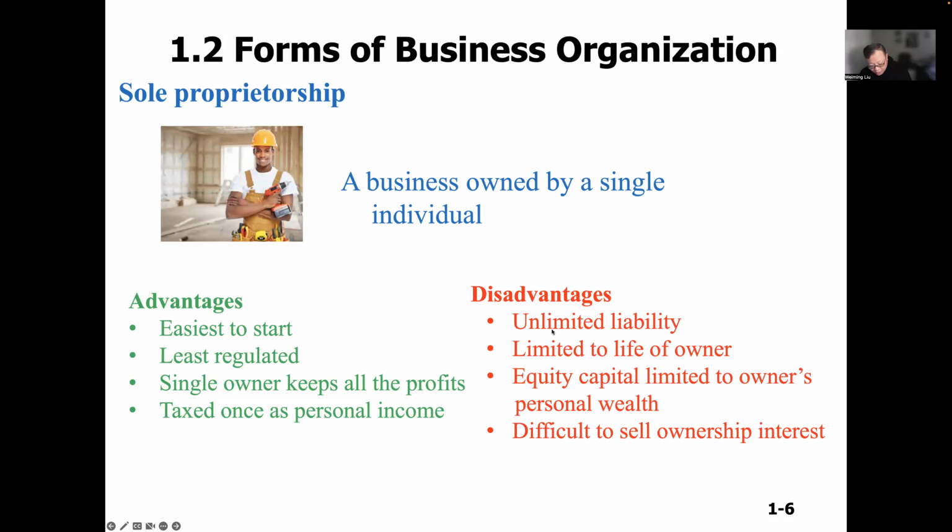The disadvantage is the unlimited liability. For example, let's say you decide to sell food. If you sell food to people under your name, the business is a sole proprietorship, so you have unlimited liability for your activities.